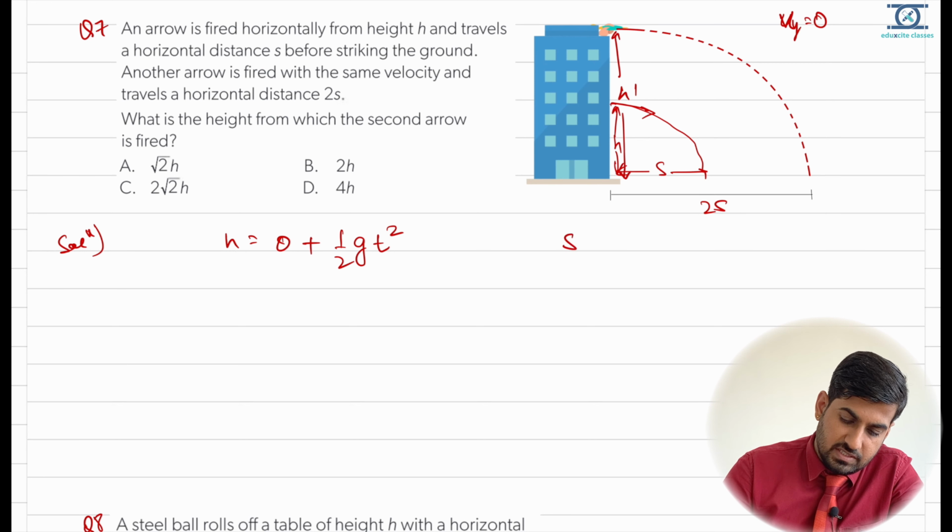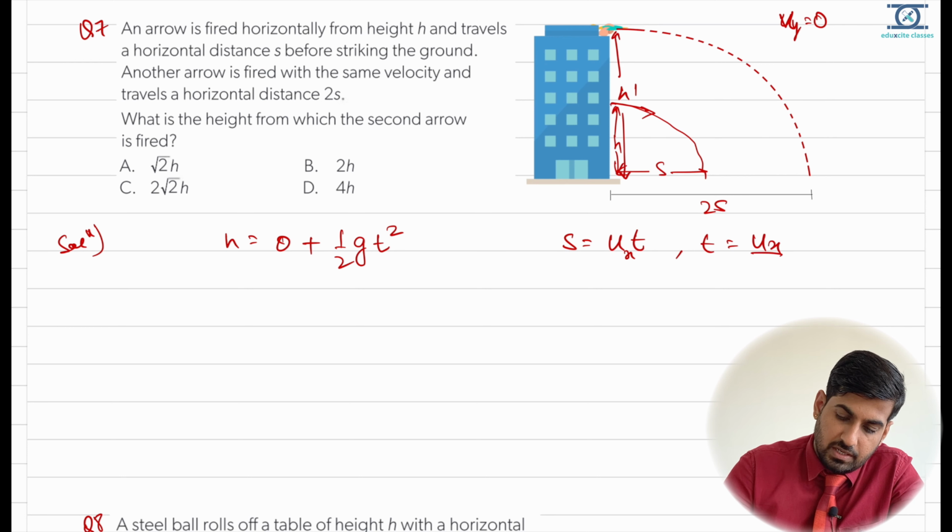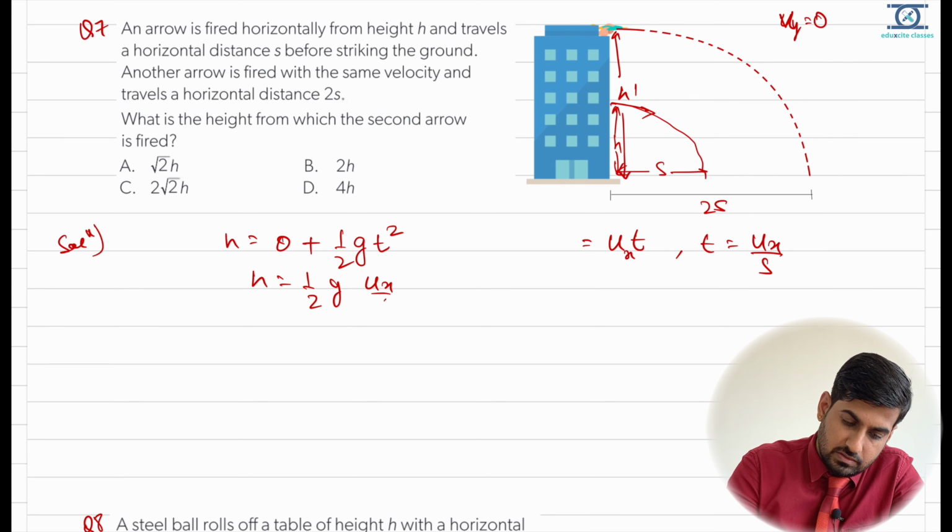So horizontal distance is s, so this will be ux times t, the time of flight it takes. So t can be written as s by ux. So h is equal to half g times, no sorry, s is the horizontal displacement, so s by ux whole square.